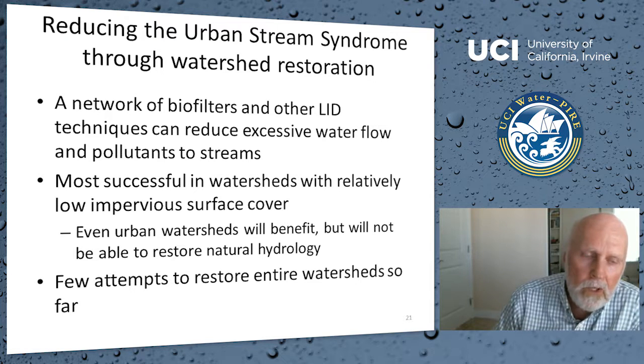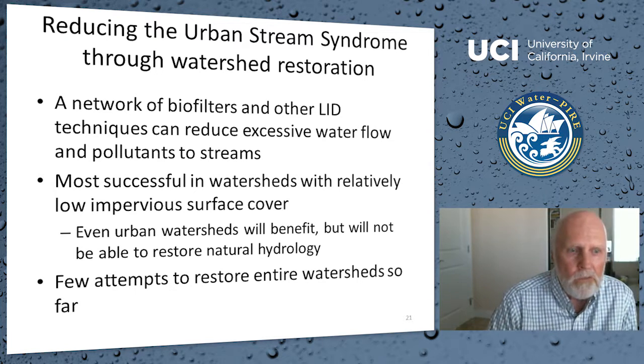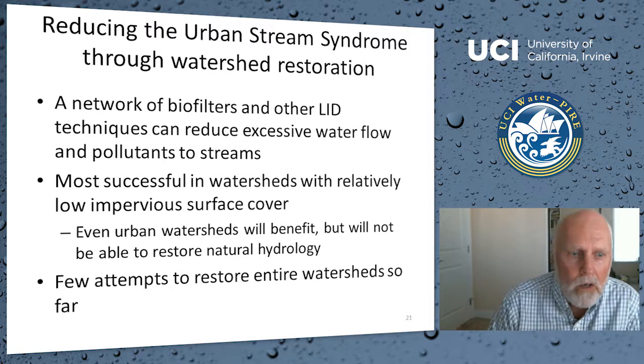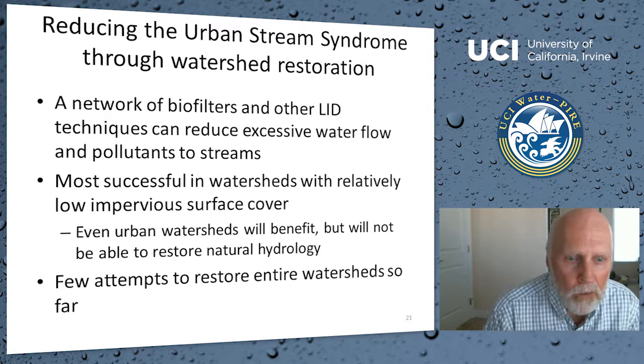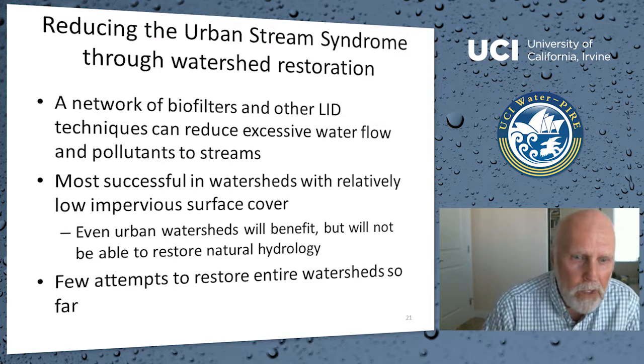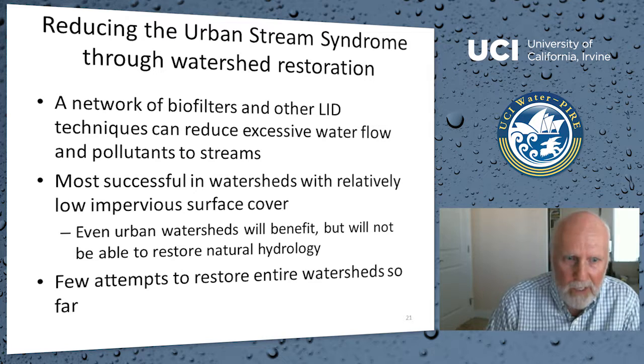And that's most likely to be successful in watersheds that have relatively low impervious surface cover now. But even in urban watersheds, there can be a benefit, as we just talked about. We may not be able to get it back to natural hydrology.